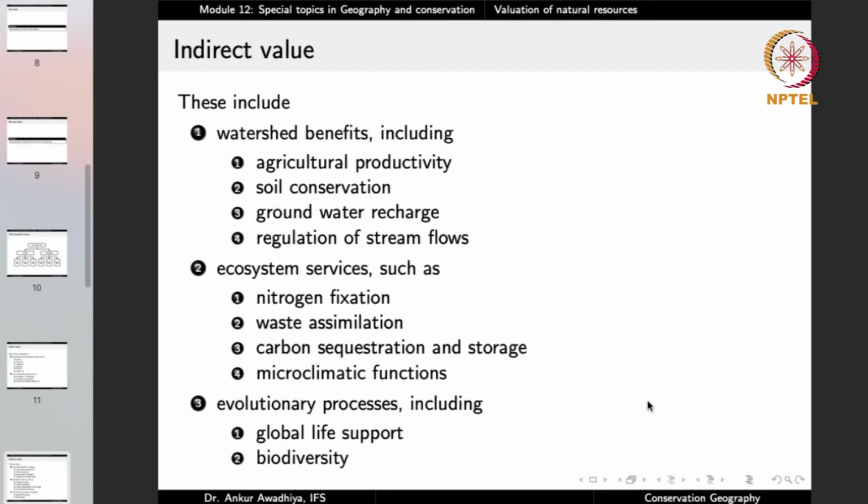Then the use value also comprises the indirect values, in which case we are using the forest or the natural resource in an indirect fashion. These include things like watershed benefits, ecosystem services, and evolutionary processes.